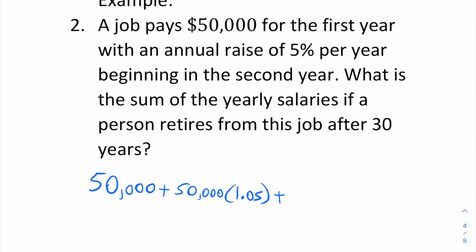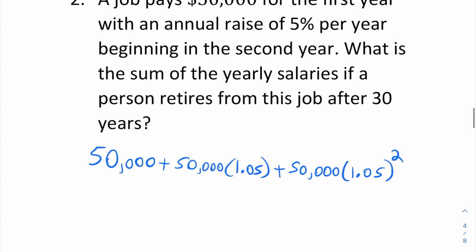Then we're going to add to that the previous year's salary, 50,000 times 1.05, and we multiply by 1.05 again to get the third year's salary. So this is going to be 1.05 squared. And of course, you're going to keep adding those all the way out to the 30th year.